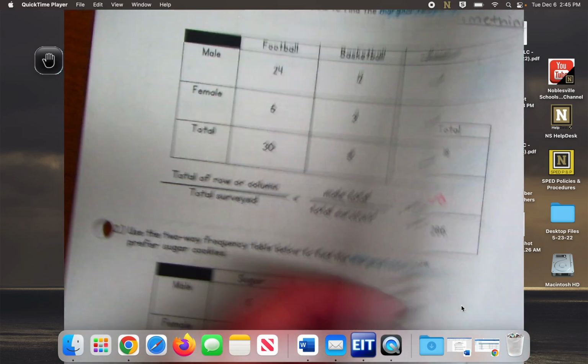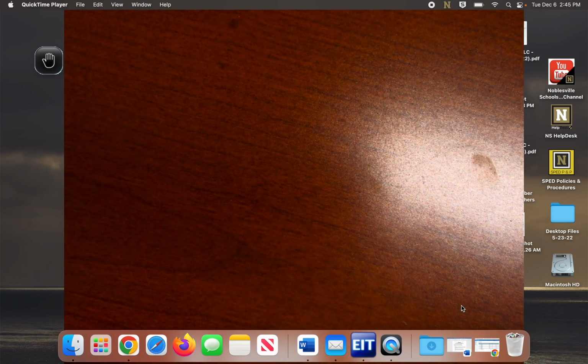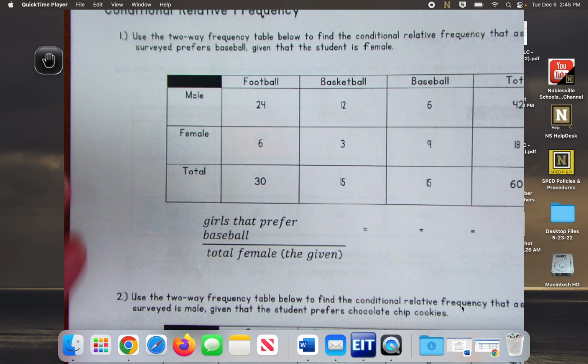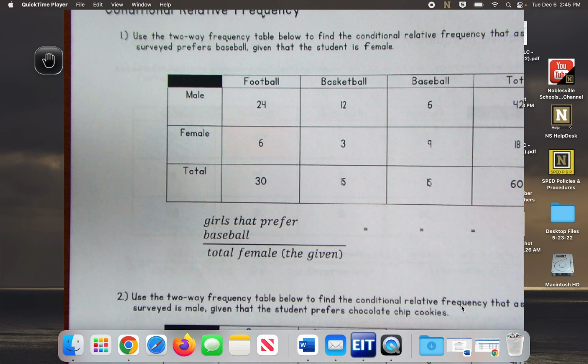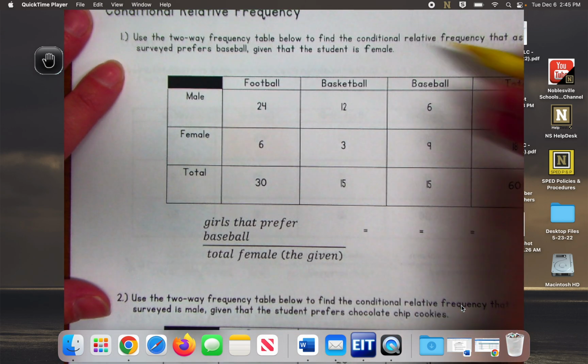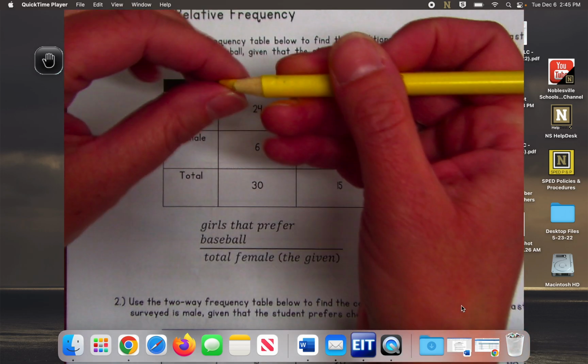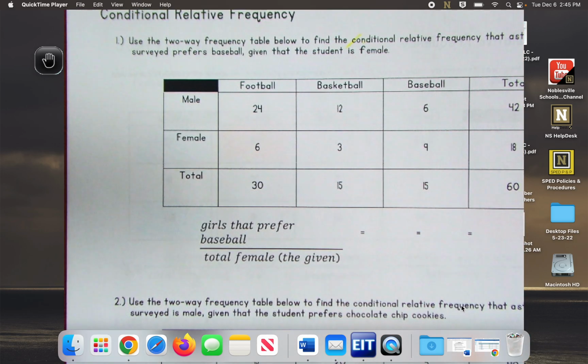And this last one, conditional relative frequency, this is where we have the yellow colored pencils. Yay. Oh man, pencils are all breaking.